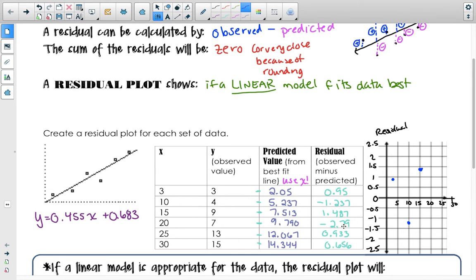At 20, it's going to be at negative 2 and 79 hundredths. So it's going to be down here. At 25, it's going to be at almost 1. And then at 30, it's going to be at almost 66 hundredths. About here.